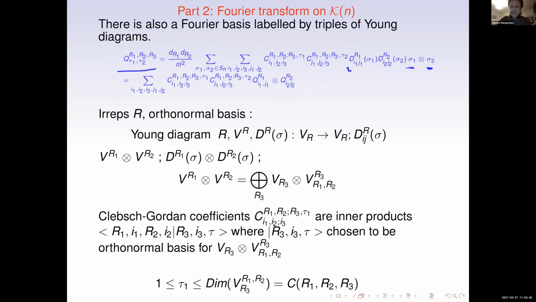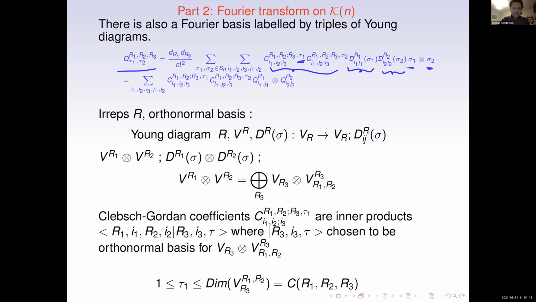So you take the matrix element in some orthogonal representation R1 and R2, you pick some orthogonal basis, and you multiply by these matrix elements, but then you also multiply by Clebsch-Gordan coefficients, which essentially tell you how the invariant, which is labeled by tau1, appears in R1 tensor R2 tensor R3.